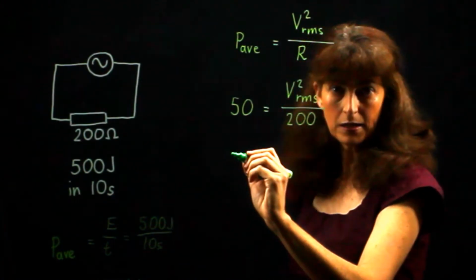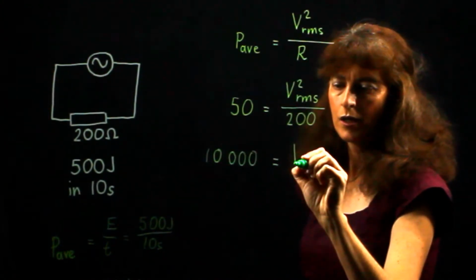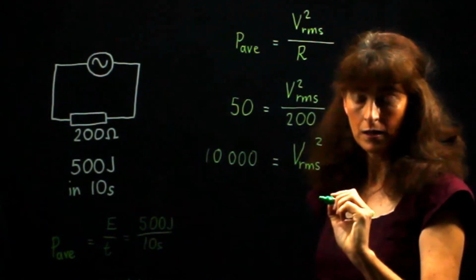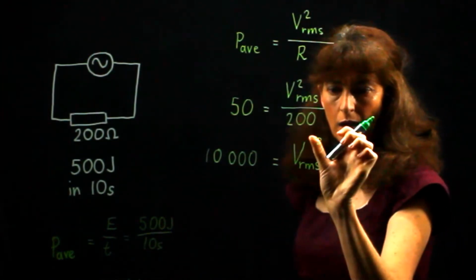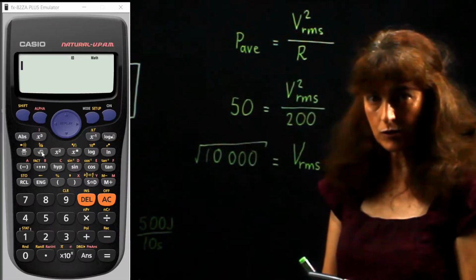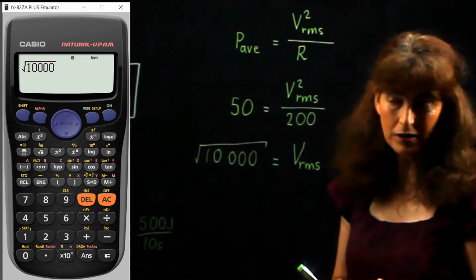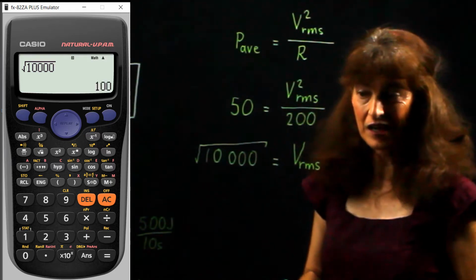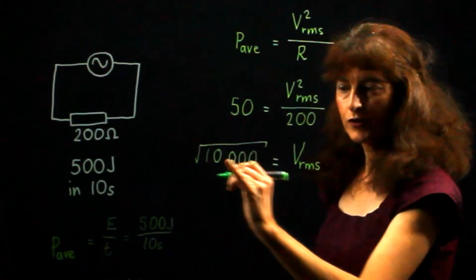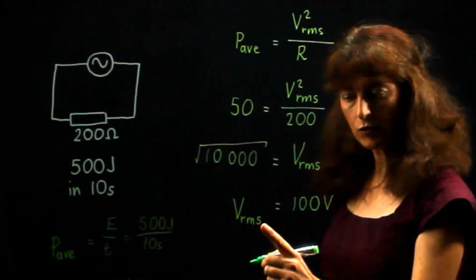We have 50 multiplied by 200, which is 10,000, is equal to the root mean square voltage squared. We want just the root mean squared voltage, so we square root both sides. On our calculator, square root of 10,000 is equal to 100. We didn't really need our calculator for that because obviously 100 times 100 gives 10,000. So the square root of 10,000 is 100. So 100 volts is the root mean square voltage.